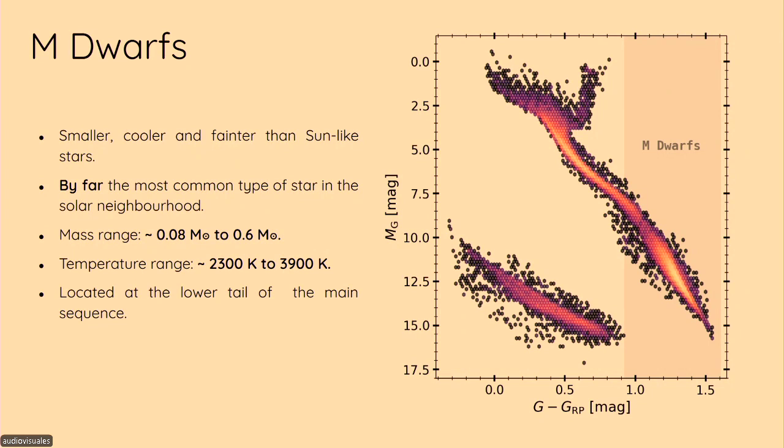And in the x-axis, we have the color between the Gaia G and Gaia red bands. Here a bigger value means cooler objects and a smaller value means hotter objects. As you can see, our M dwarfs are located in this gray area that is highlighted, at the very lower tail of the main sequence, which is this bright line that we can see in the diagram.